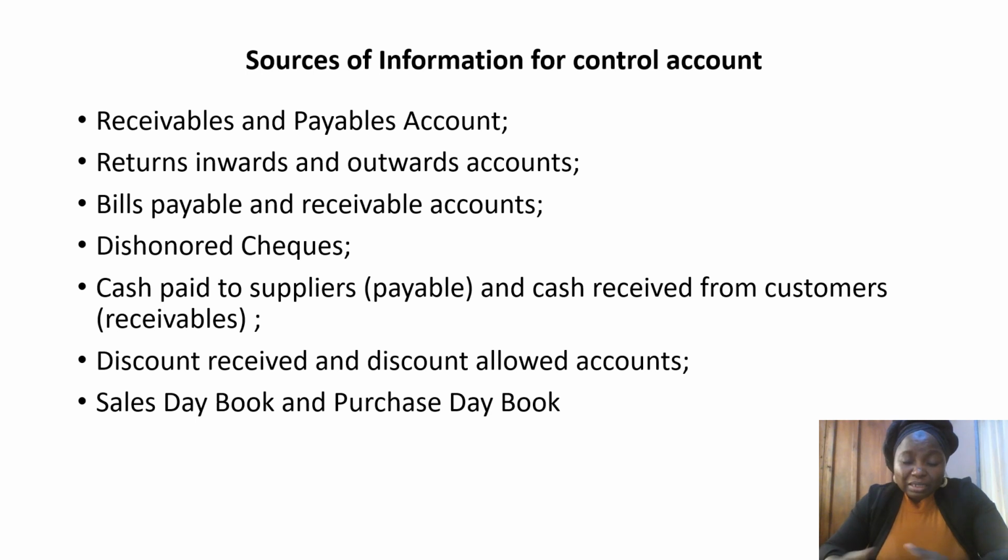You may be granted some discount. Also, when somebody purchases from your business in large quantity, you might grant such a person certain discount. But as we progress, we are going to see the discount in its various forms. We will look at the trade discount, the cash discount, and what have you.